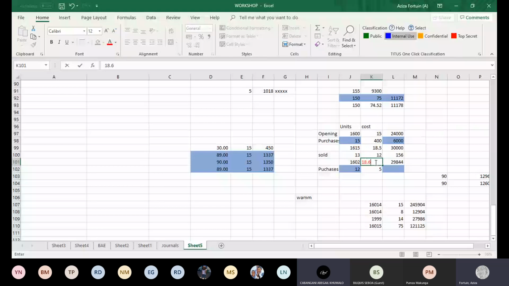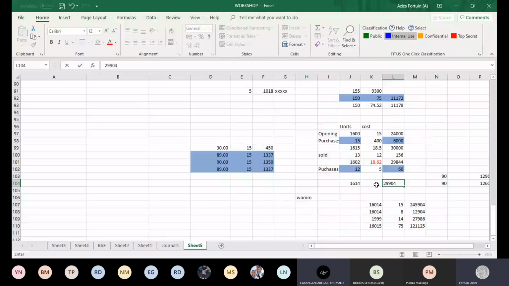Then we purchase 12 times 5, which is 60. 1602 plus 12 equals 1614. 29,844 plus 60 is 29,904, divided by 1614. I got 18.52 Rand. That's what I got.